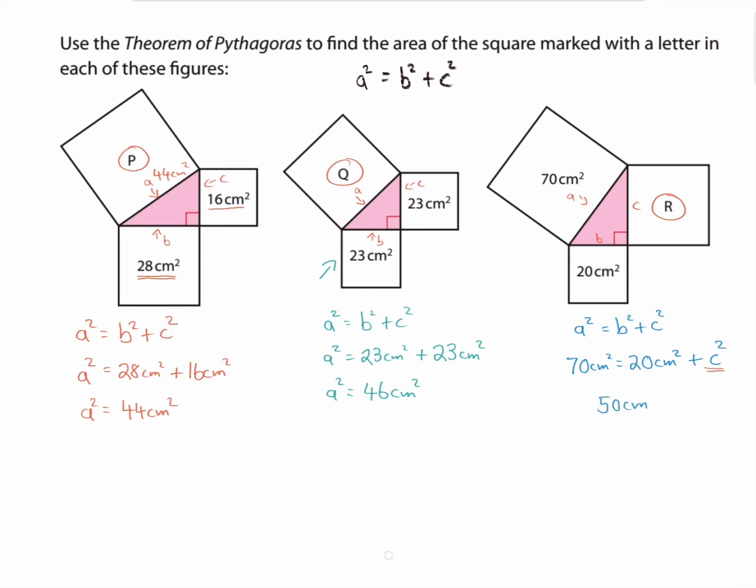So if I added 20 centimeters squared to 50 centimeters squared, I get 70 centimeters squared. So all I did here in my head was I figured out the difference between 70 and 20. So I subtracted them. So in my head, I went 70 minus 20, and that gave me 50.